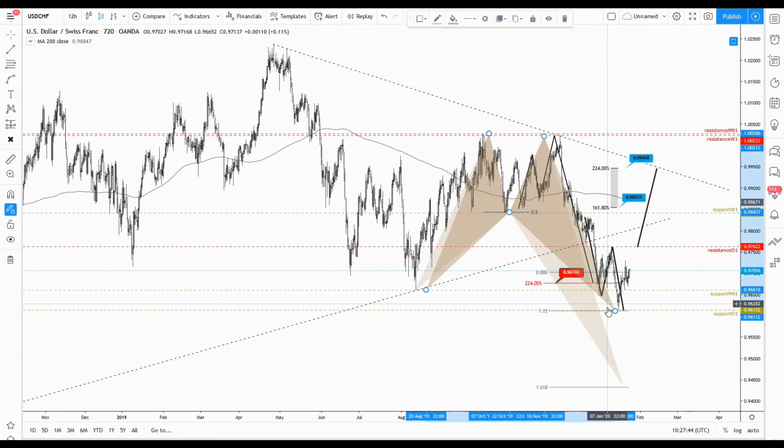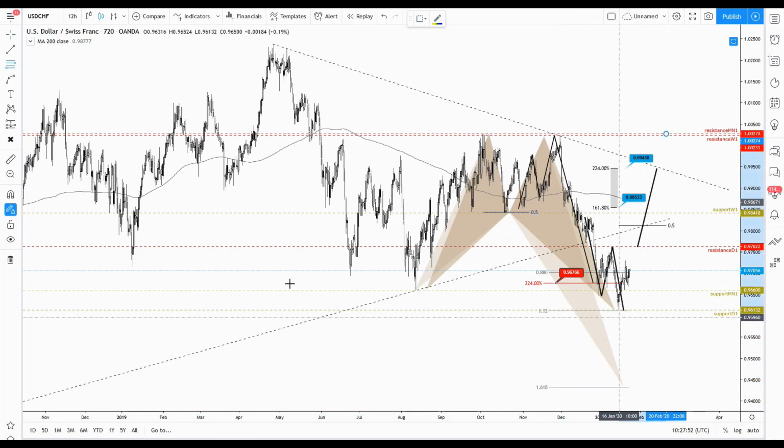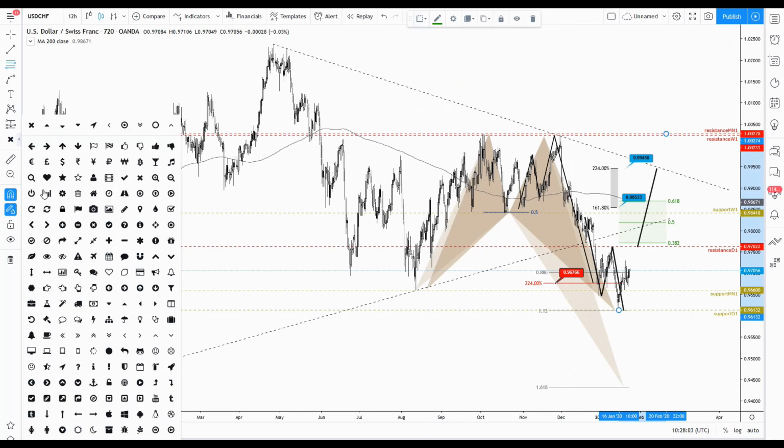But I have this bullish alt-bat pattern printed below, so my default target, or let's call it a default expectation for the pattern, is the 38% Fibonacci retracement. So basically it's a retest of the daily fractal, as I said before.